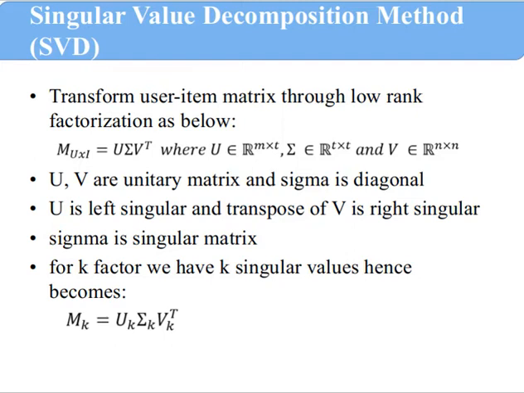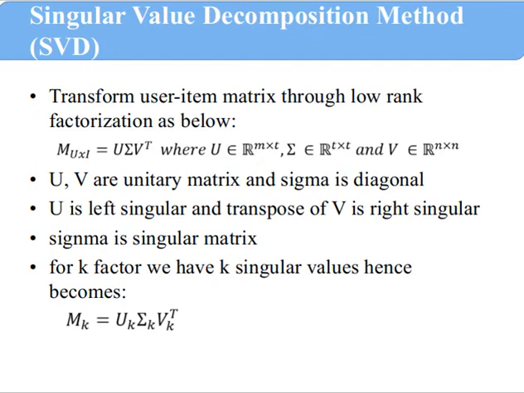Here U and V are unitary matrices, and sigma is the diagonal matrix. U is the left singular matrix, the transpose of V is the right singular matrix, and sigma is a singular matrix. In this way, for the k factors we have k singular values here.